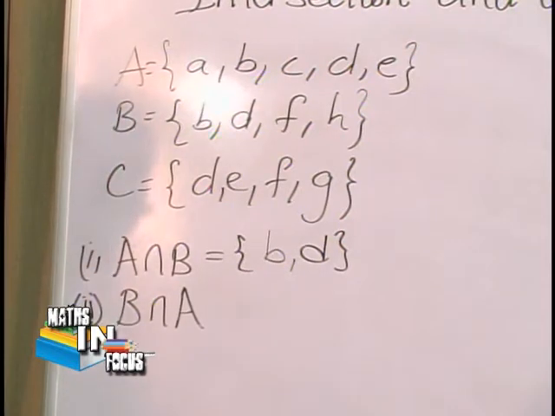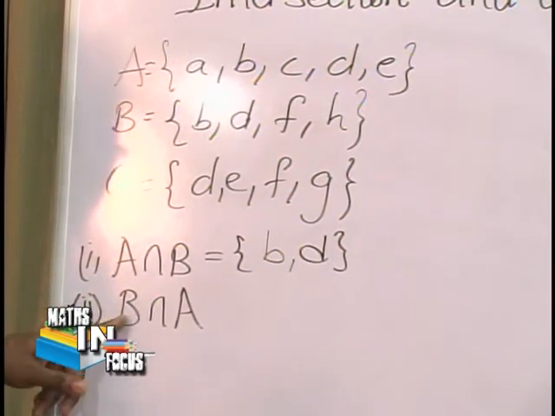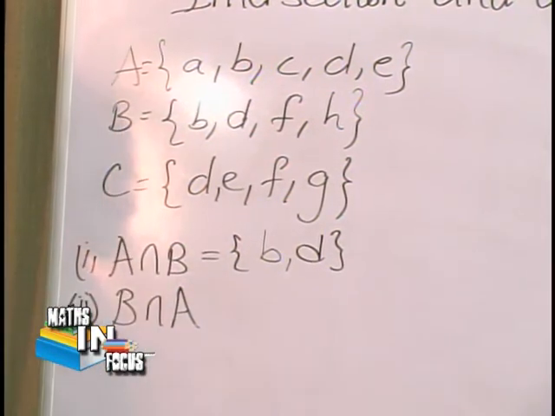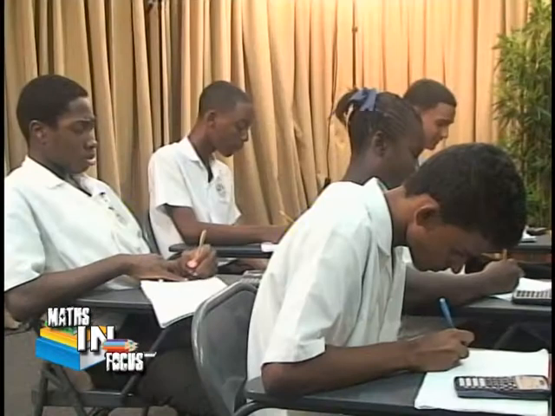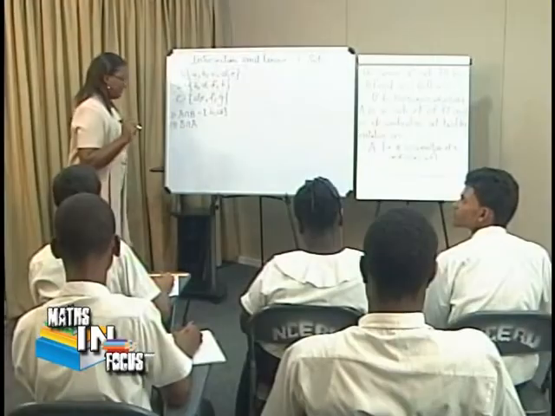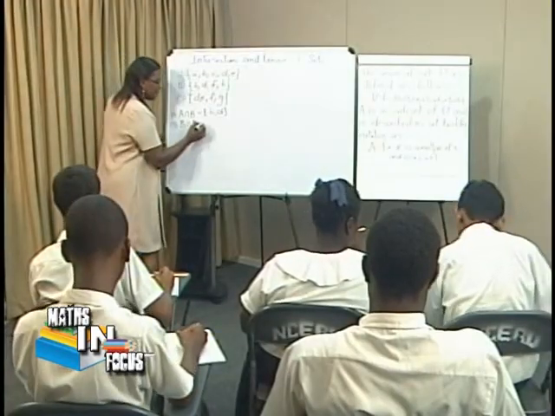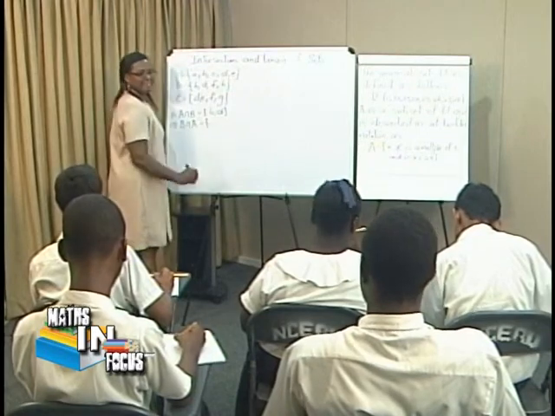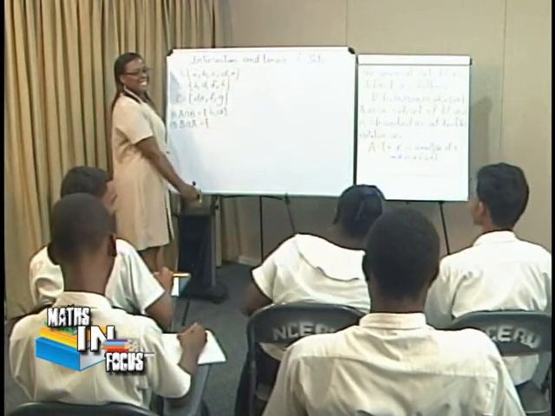Second, I want you to now list B intersect A. Bilali, what did you get? B and D. We got B and D again.